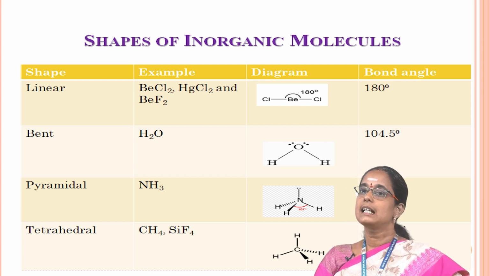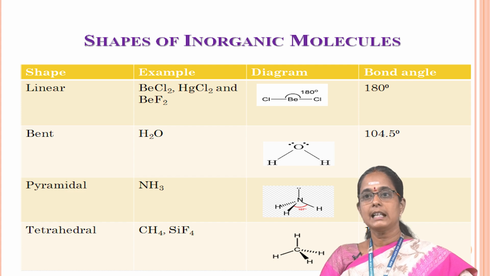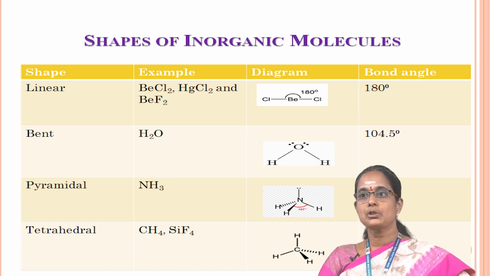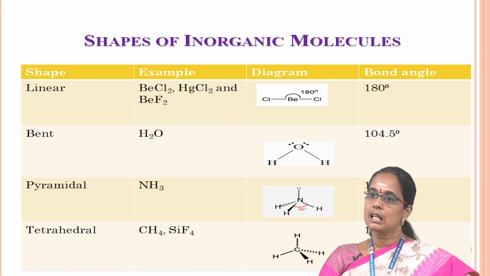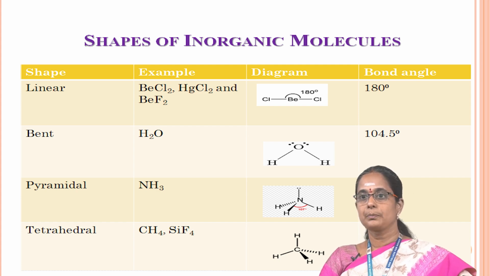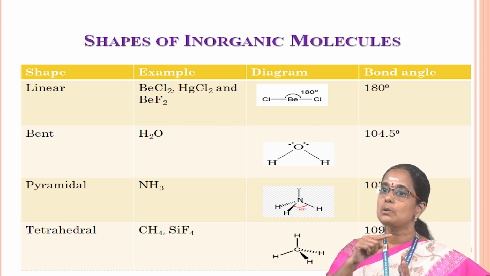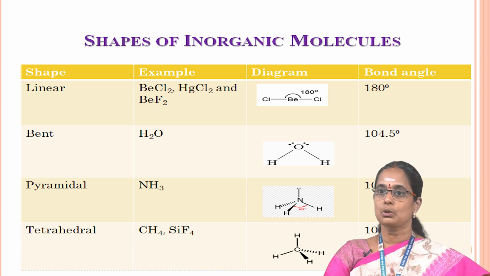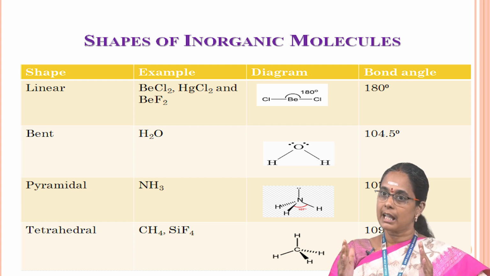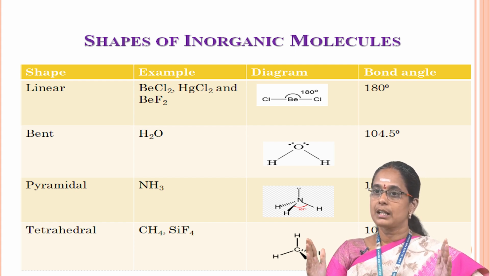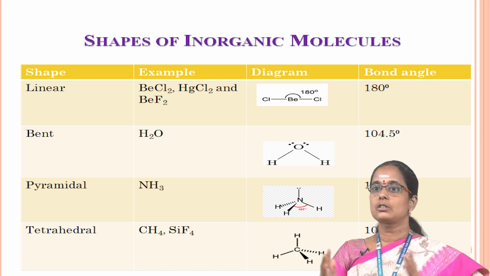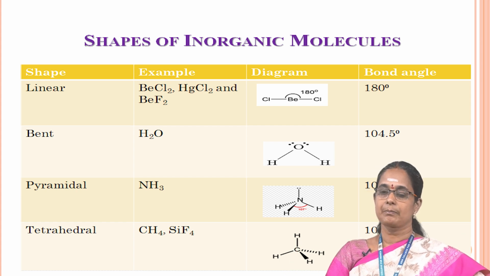The first one is the linear shape. In the linear shape, we have beryllium chloride BeCl2, HgCl2, and BeF2. If there are only two orbitals present around the central atom in a molecule, the only way to keep them far apart is to arrange them linearly.